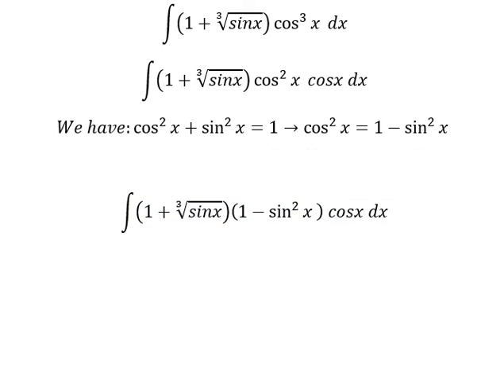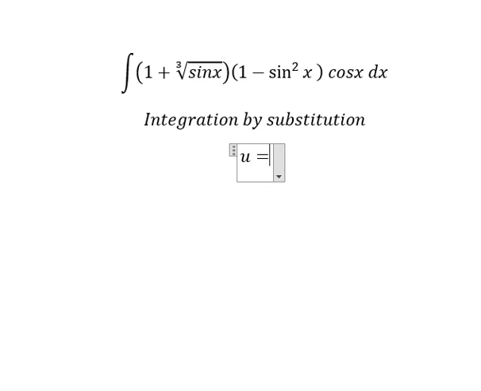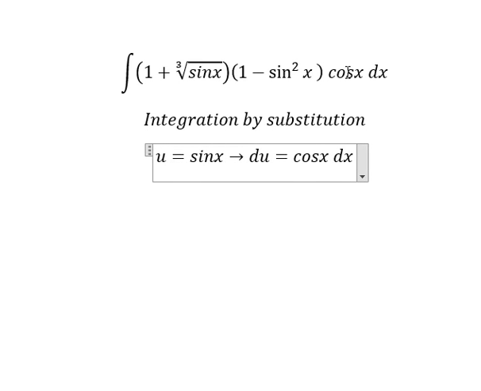Next, we can use about integration by substitution. So I will put about u equals to sine x. Later that we need to do first the derivative for the both sides, and we have du equals to cosine x dx.